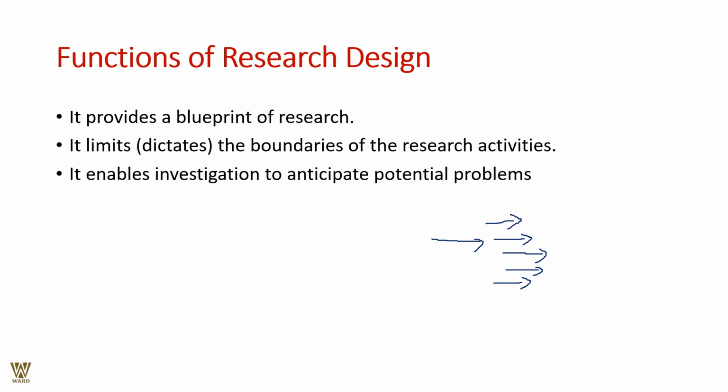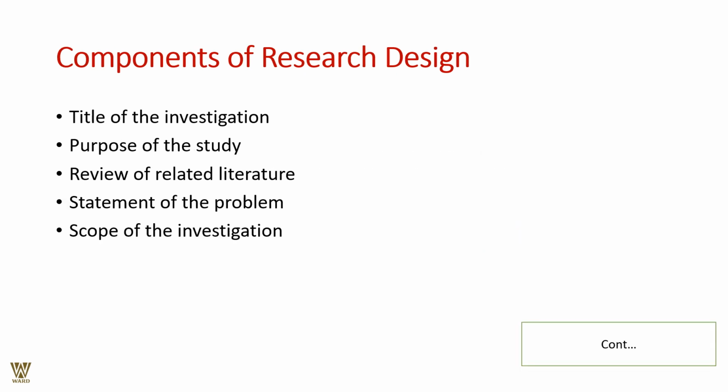It limits the boundaries of research activities. It enables investigation of anticipated potential problems, and that is what the function of research design is all about. It provides a blueprint. It helps us to set boundaries, limit what should be the outcome within the set parameters. It should enable anticipating potential problems per se.